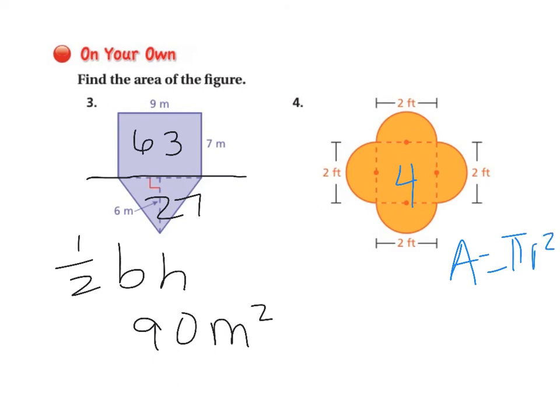So we're going to do 3.14 times our radius, and the radius of our circle is 1. Oh, and we do not need to divide that by 2, but we do need to square it. So that just gives us a 1.